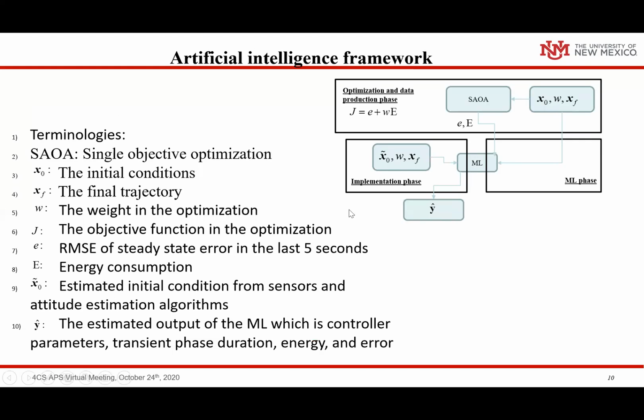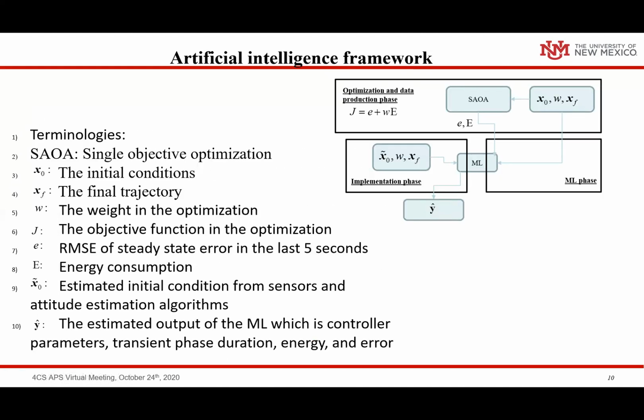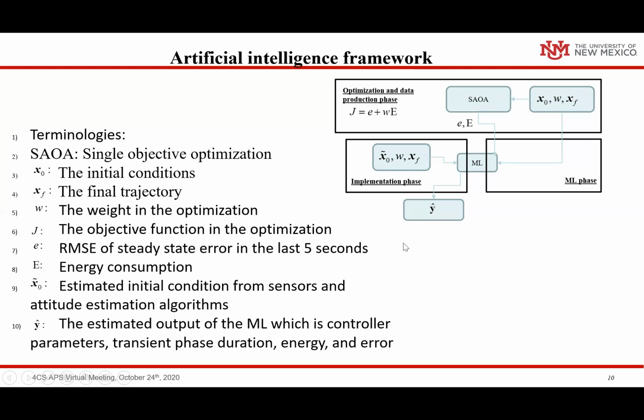This is the framework of the artificial intelligence that we use so that we can satisfy these requirements. Here is the data production phase, where we use the simulated annealing optimization algorithm. This is the final trajectory, which is obtained based on these objects, as you can see in the sources.